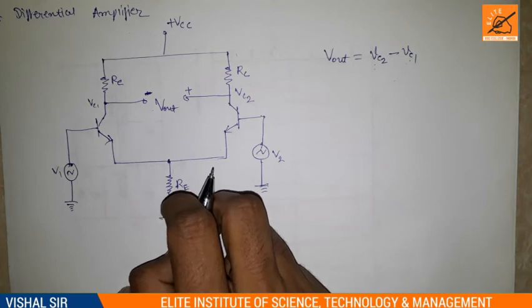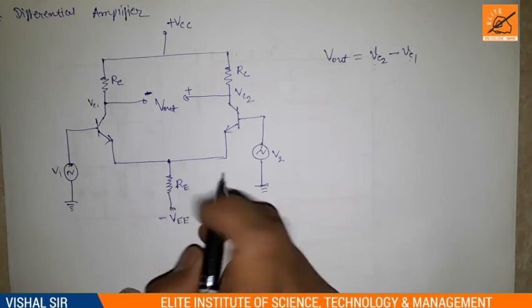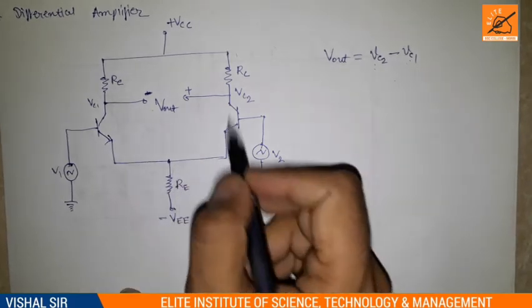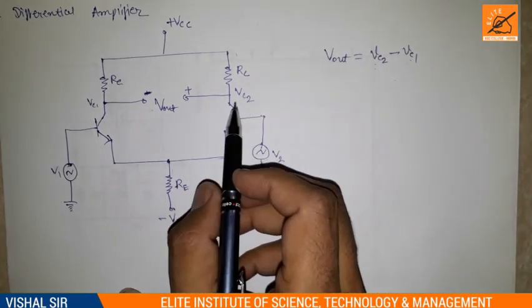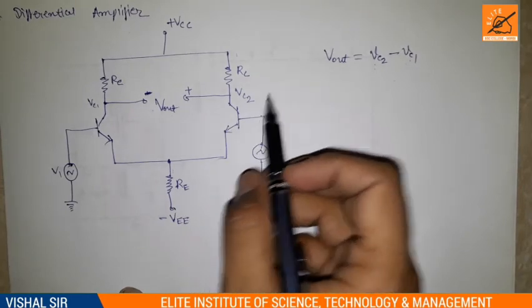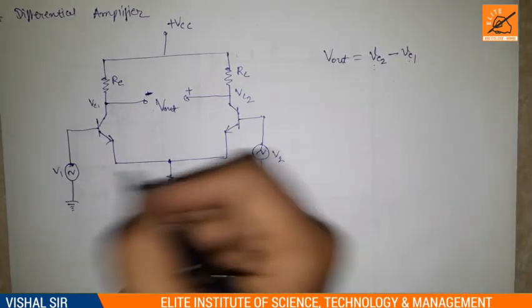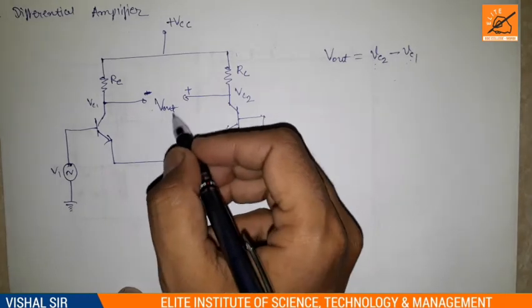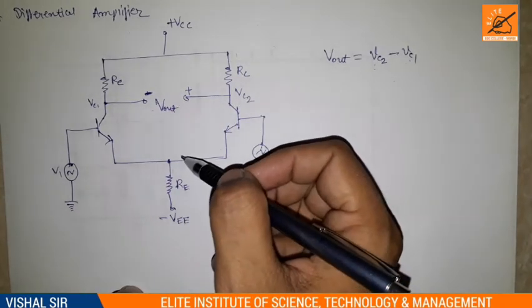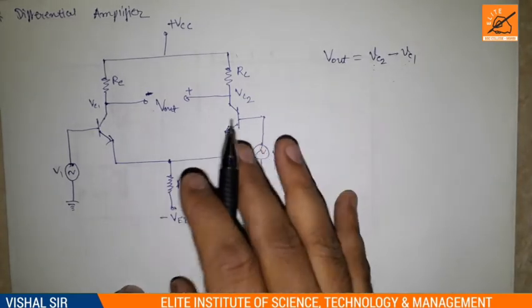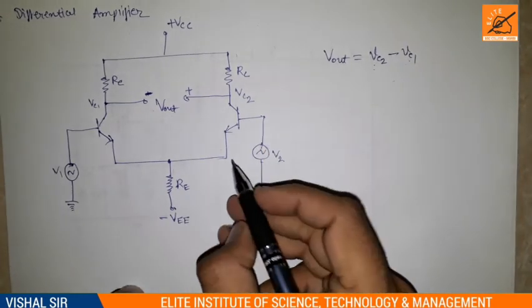With perfect symmetry, Vout is 0. If the symmetry is perfect, then output voltage will be 0 when the two input voltages are equal. It means if V1 and V2 are equal, then output will be 0 if there is perfect symmetry. But this is the case with an ideal circuit.